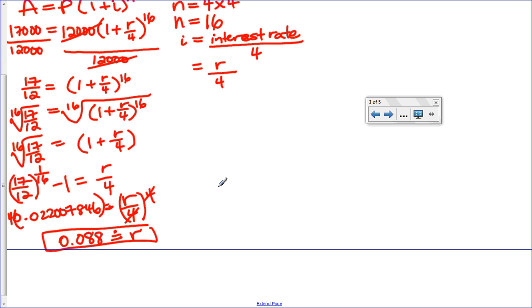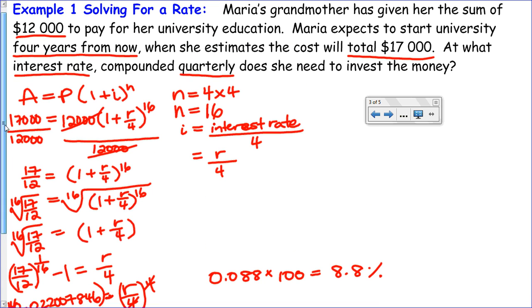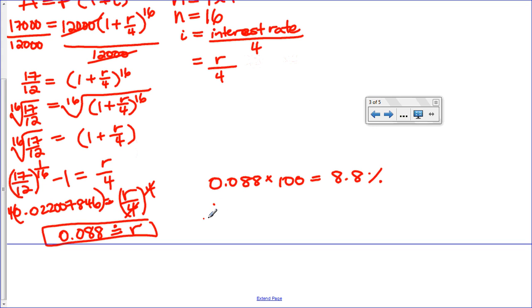So to convert it to a percent, it's going to be 0.088 times 100, which is equivalent to 8.8%. So we need our statement here. Maria should invest the money at an interest rate of 8.8%.